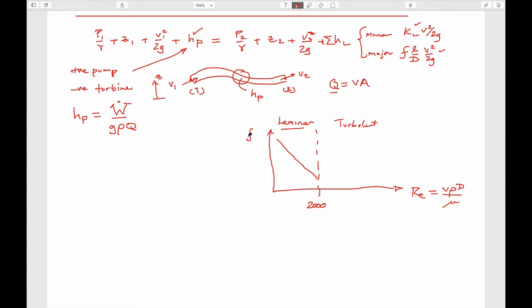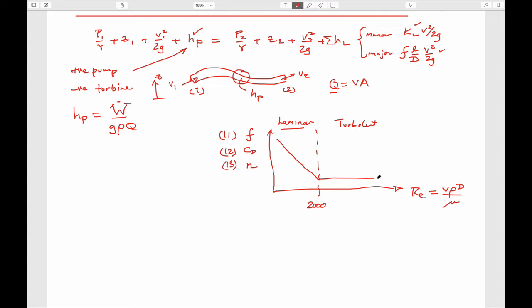This is the magnitude of the friction factor, but it's also the magnitude of the coefficient of drag, essentially. And it's also equivalent to, in some respects, the Manning coefficient. So this is the friction factor for pipe flows, the coefficient of drag is for external flows, and the Manning coefficient is for open channel flows.